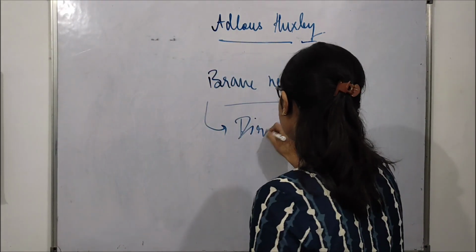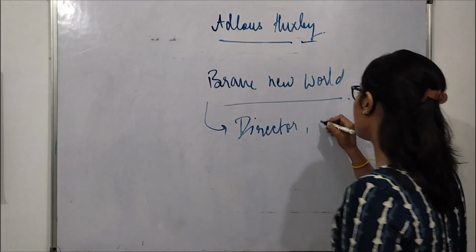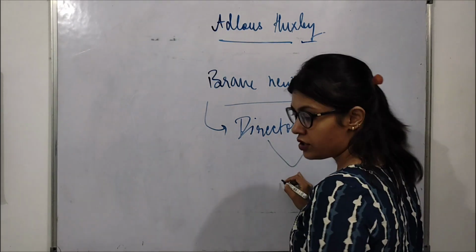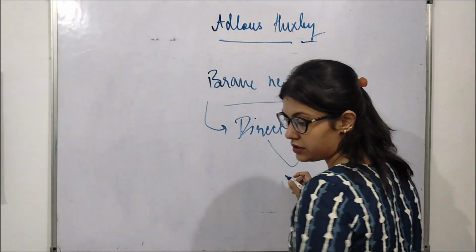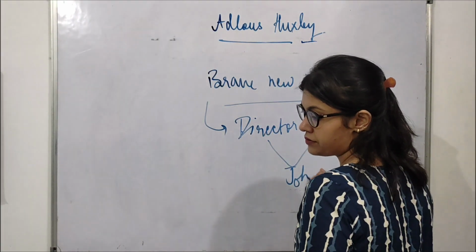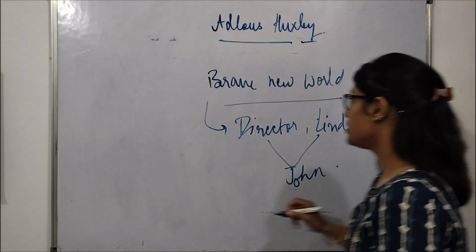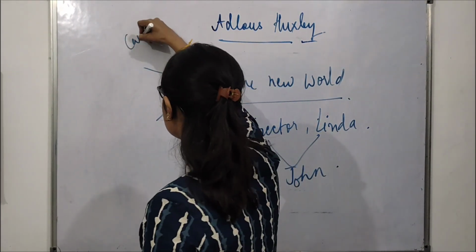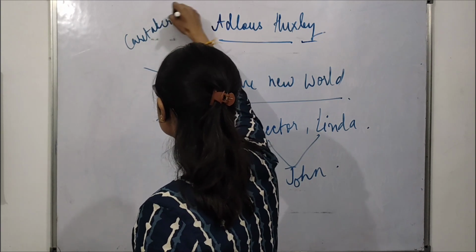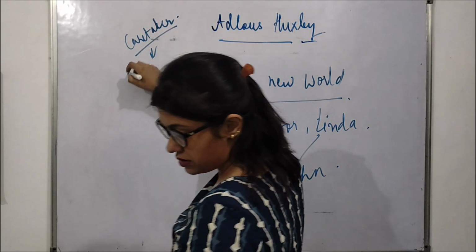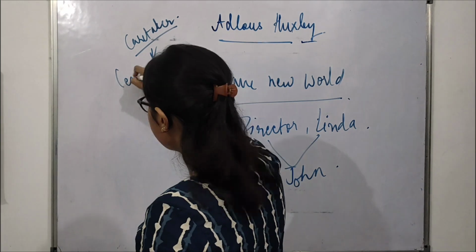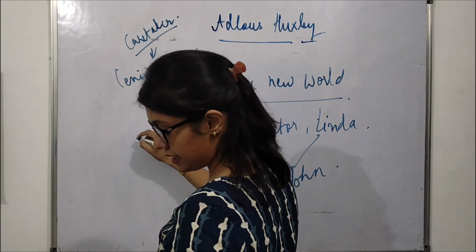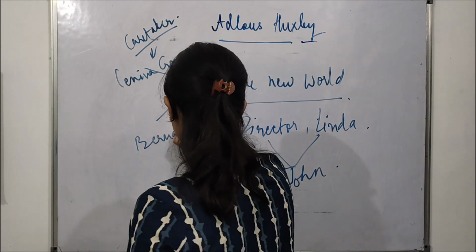The main characters are the Director, his wife called Linda, and their son called John. There are two caretakers in the book. The names are Lenina Crowne, and the second one is Bernard Marx.